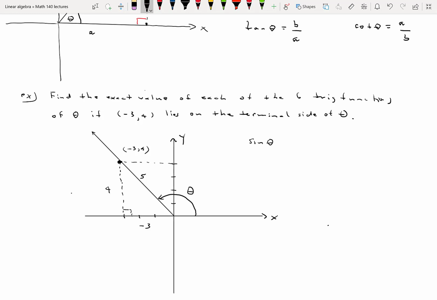The sine of theta, cosecant, secant and cotangent of theta. Write the 6 trig functions in order. We can even use the SOHCAHTOA device on this virtual triangle. That's going to be very helpful.